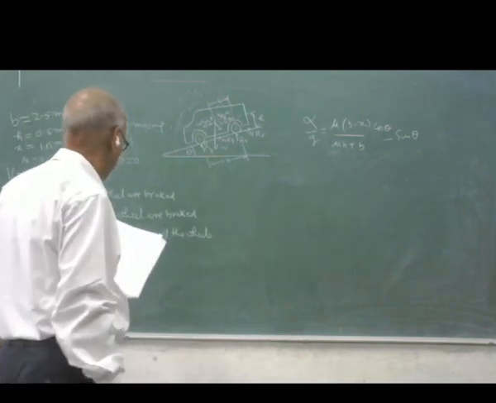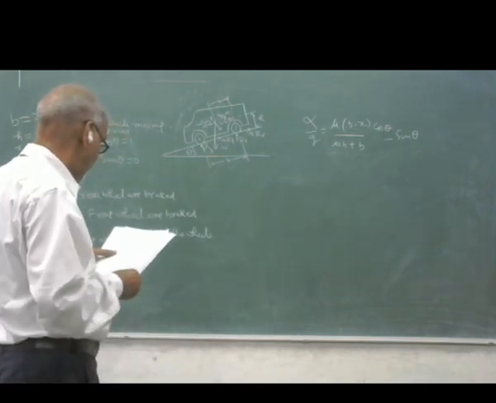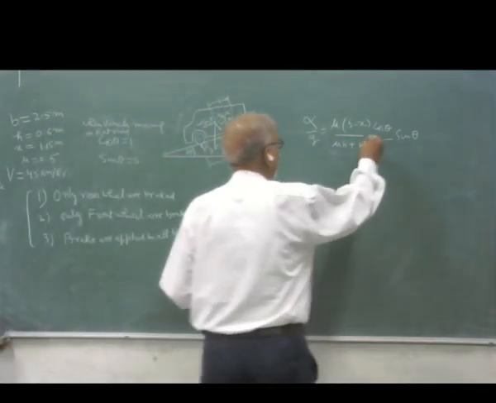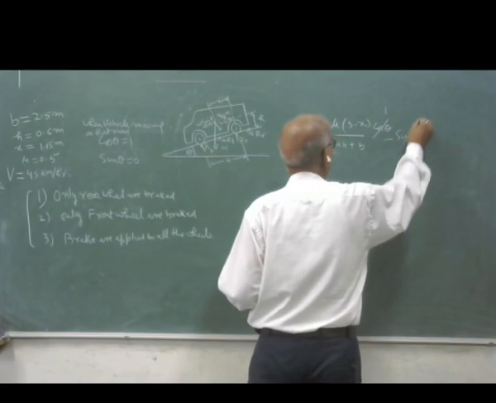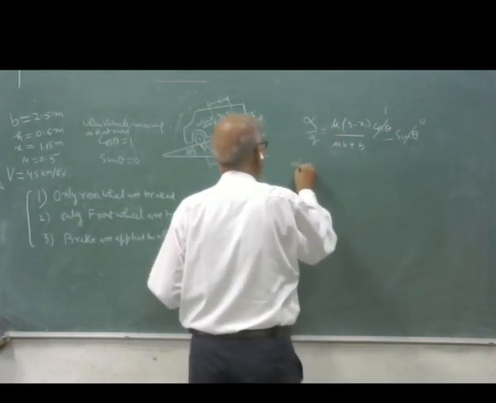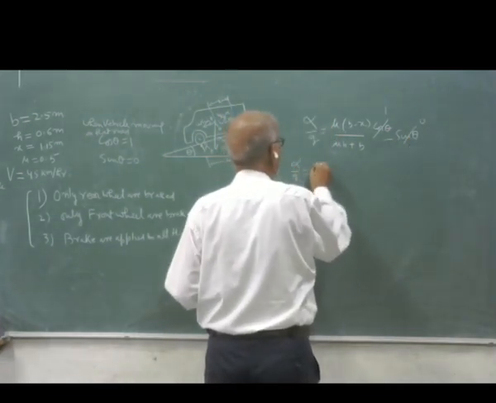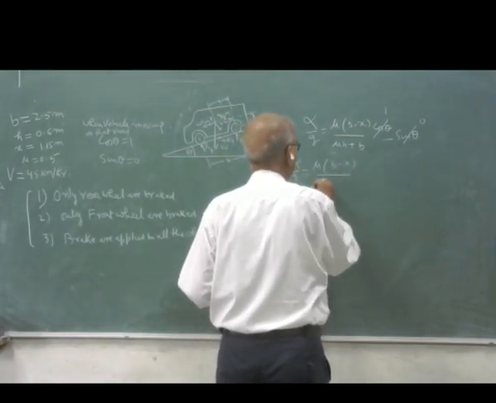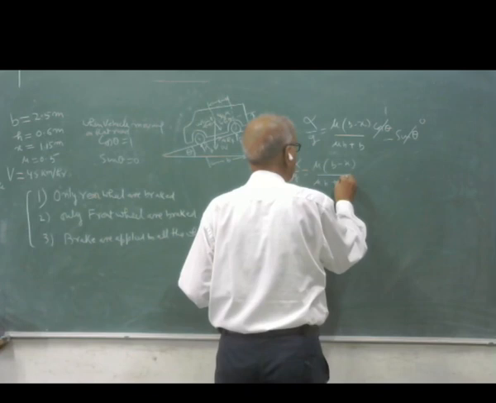Now we are going to solve the numerical. First we will find the value of alpha by g. Cos theta will be 1, sin theta will be 0. Alpha by g will be mu (b minus x) divided by (mu h plus b).